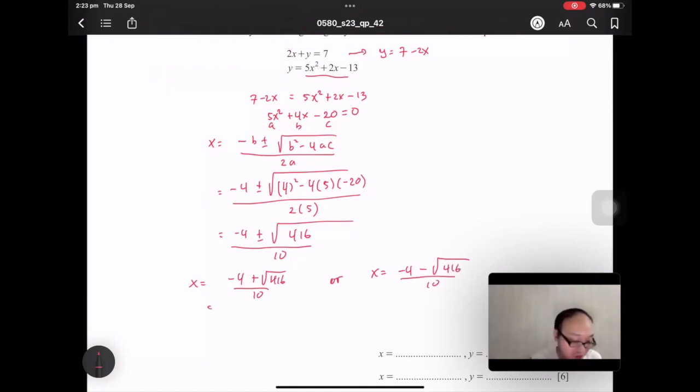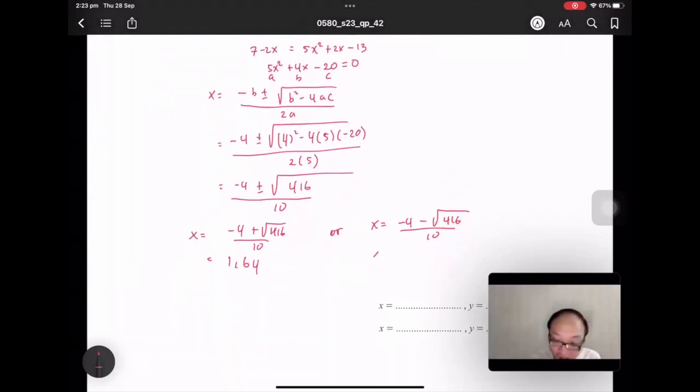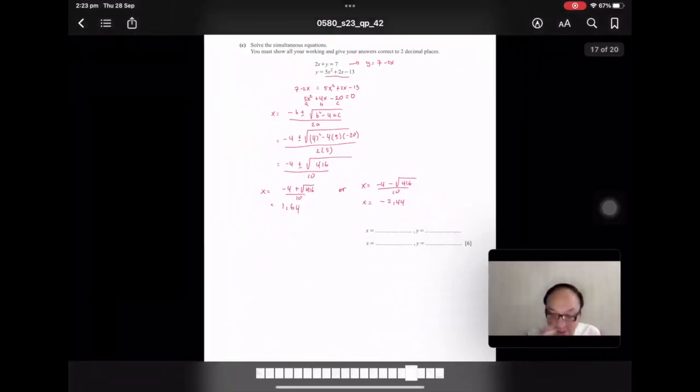So the first one is negative 4 plus root of 416 divided by 10, 1.64. It's 2 decimal places. And the other one is negative 4 minus root of 416 divided by 10, so it's negative 2.44. That's for x.